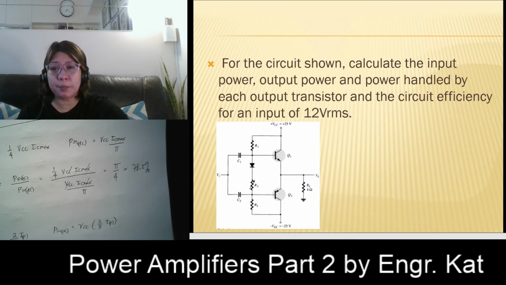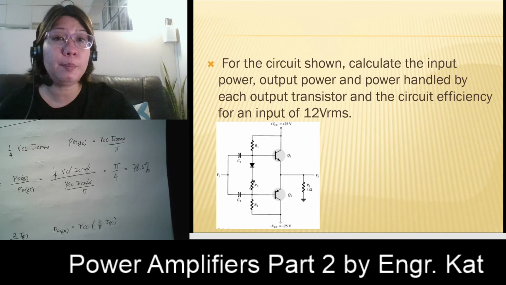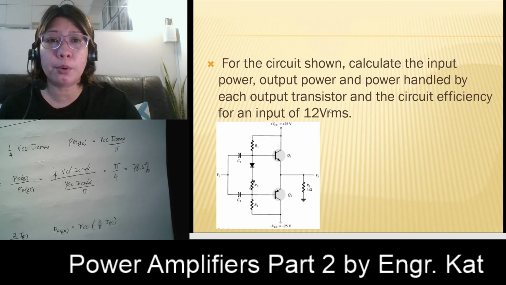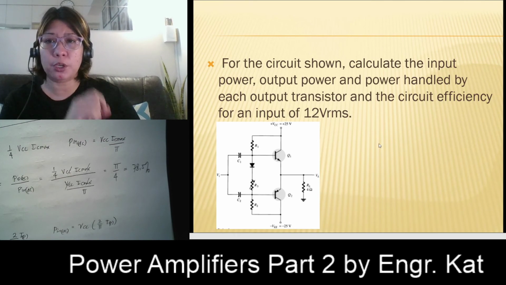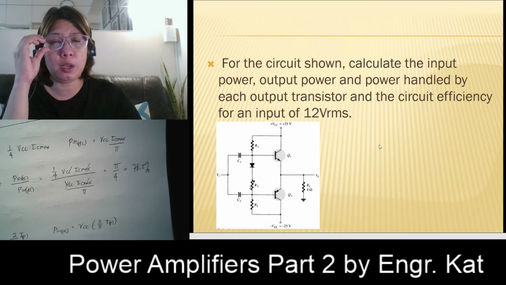Okay, so let us discuss some of the sample problems regarding Class B amplifiers. We have here, for the circuit shown, calculate the input power, the output power, the power handled by each output transistor, and the circuit efficiency for an input of 12 VRMS.